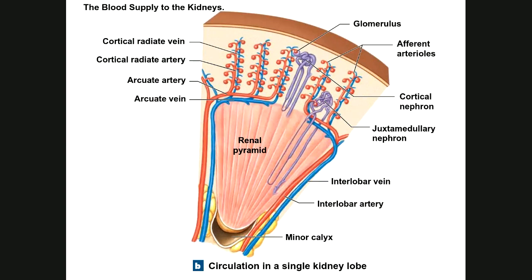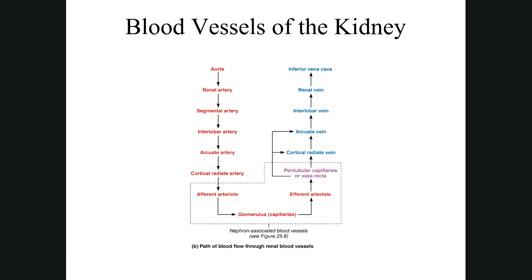So this diagram is so beautiful because it really summarizes the blood vessels for the kidney. So we have the aorta that branches into the renal artery, that branches into the segmental artery, that goes to the interlobal artery, arcuate arteries, cortical radiate arteries, and each cortical radiate artery branches into afferent arterioles that go to the capillary bed, which is going to be called the glomerulus here.